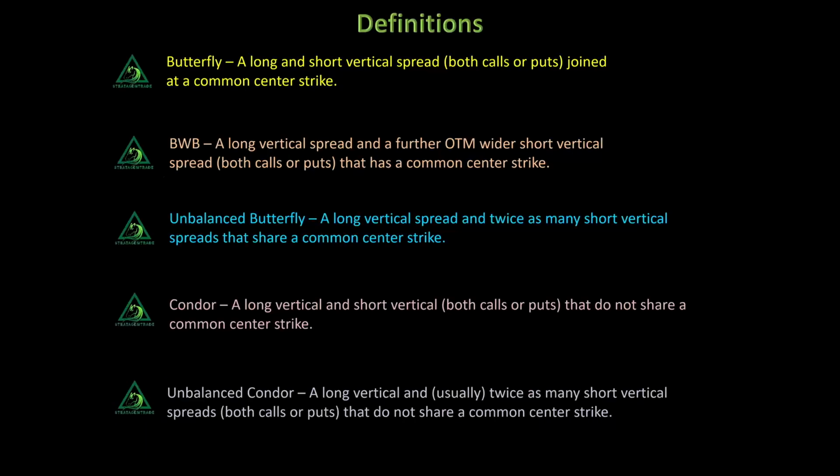Remember that a butterfly is just a long and short vertical spread, either calls or puts, joined at a common center strike. The BWB, when I created that with a couple other guys on the floor back in the mid 80s, way before these guys were saying that they invented it in 2000, it really was a way of minimizing capital outlay.